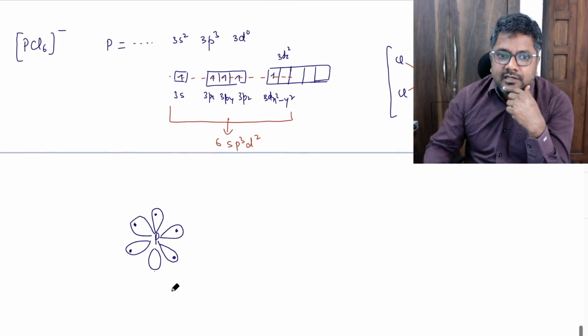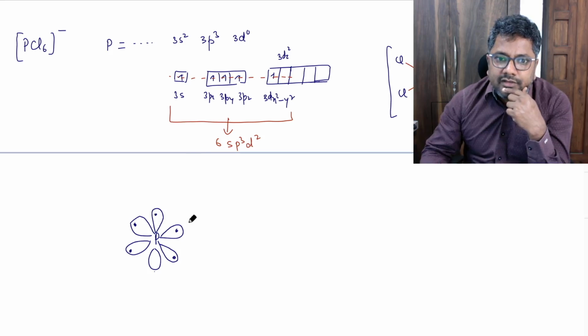This is empty. So each chlorine will overlap here with one electron.